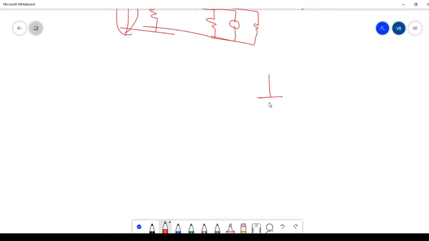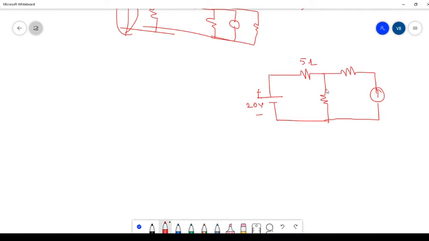This is a voltage source which is having a 20 volts value, and a resistor, and here is a resistor, and then here is a current source. So this is a 20 volts, 5 ohms resistor, 3 ohms resistor, 10 ohm resistor, and then 5 amperes.